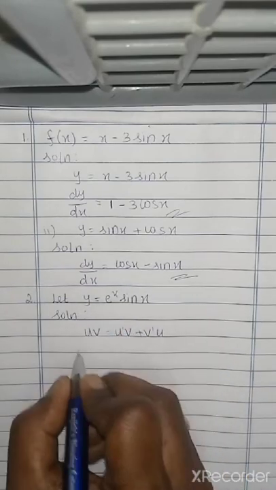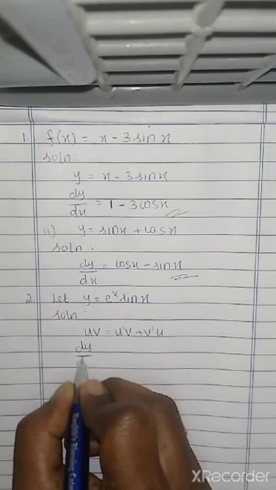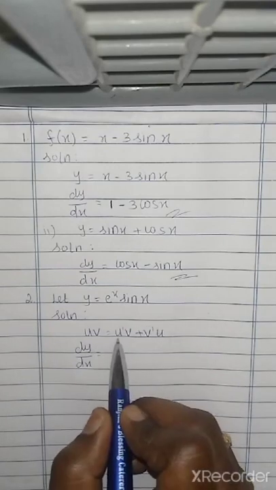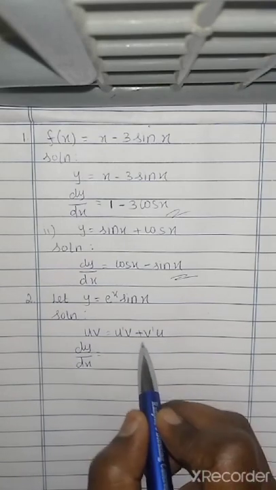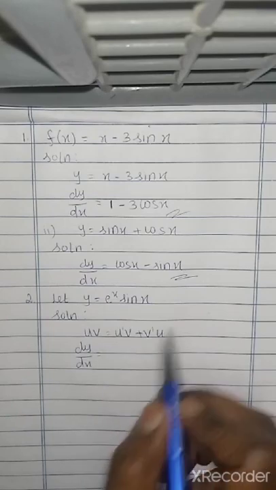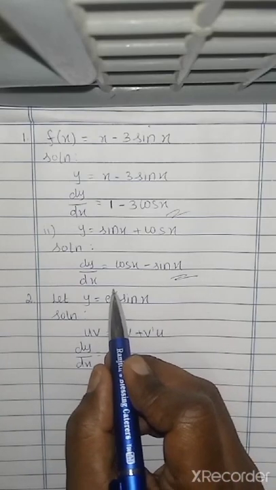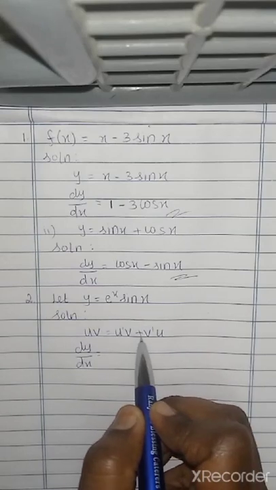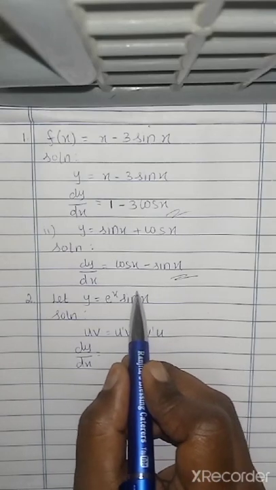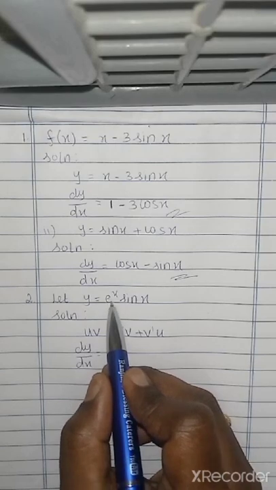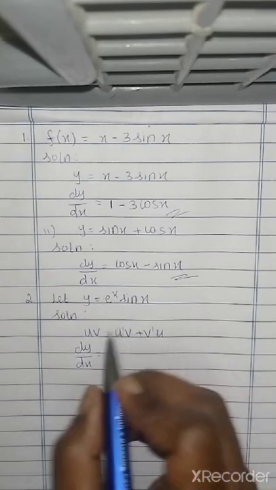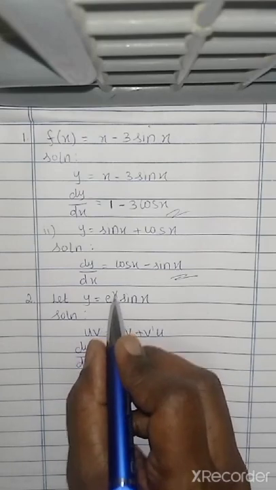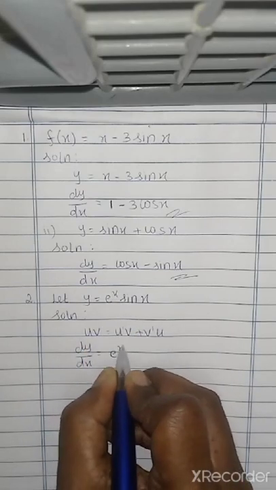So we can write dy by dx equals, when two functions are in multiplication, this is the formula: u dash v plus v dash u. What that means is, first differentiate the first function and keep the second function as it is, plus differentiate the second function and keep the first function as it is. First we differentiate e power x, and you will get e power x.